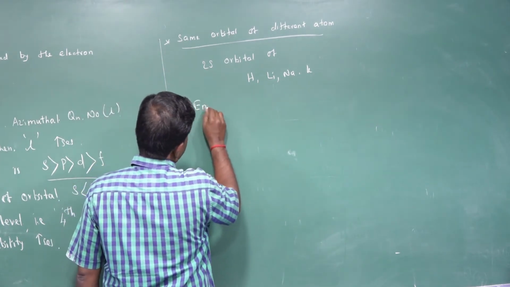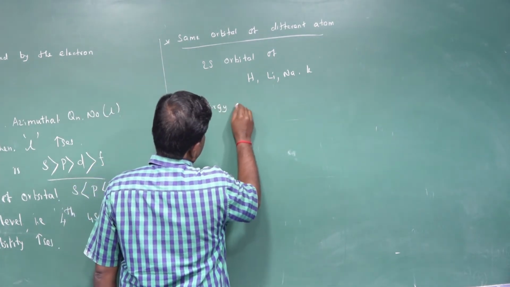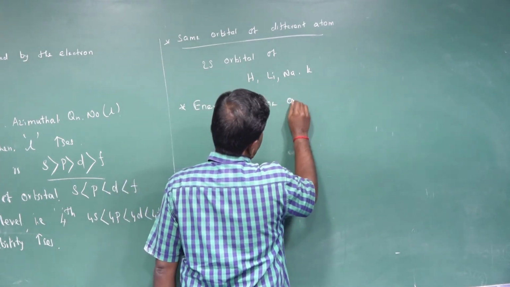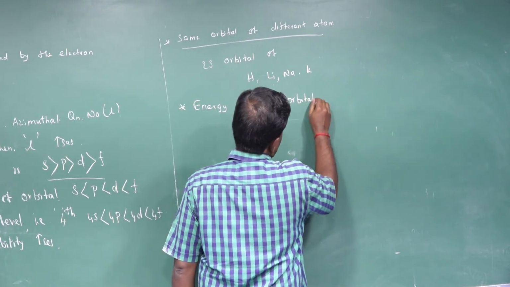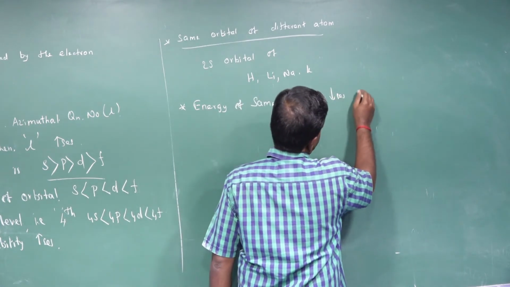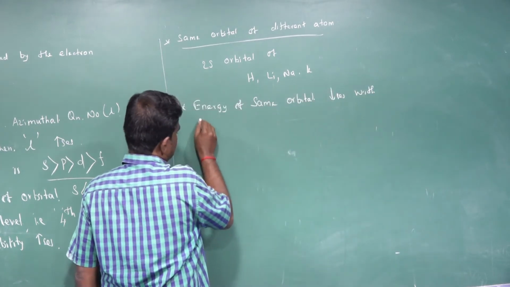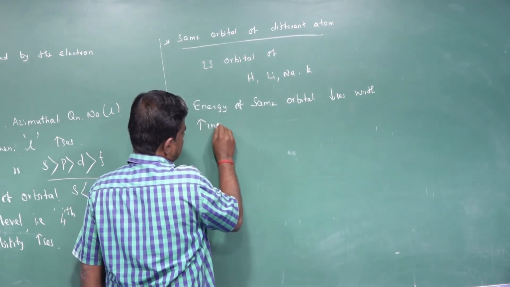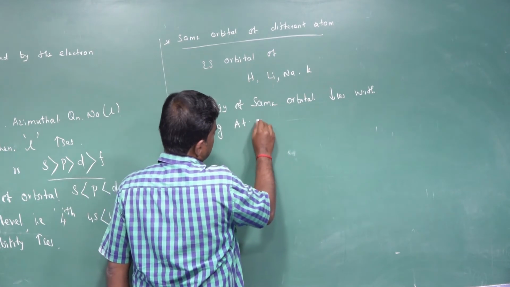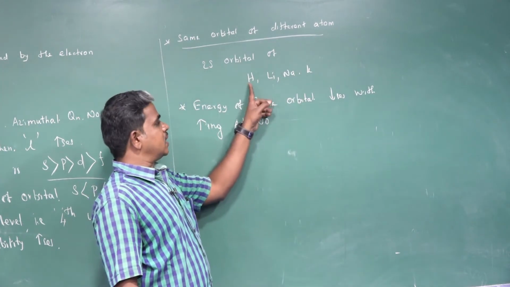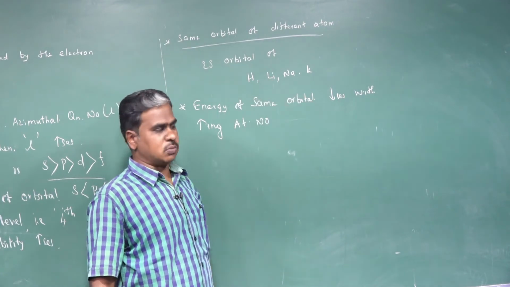So, energy of same orbital decreases with increasing atomic number. So atomic number increases in the case of hydrogen, lithium, sodium, potassium.